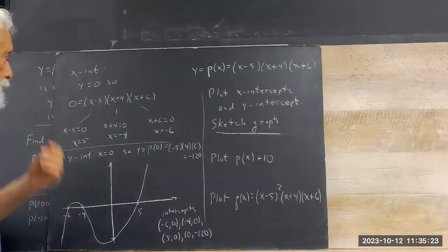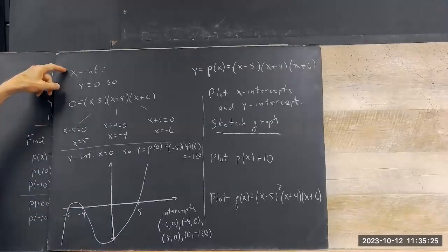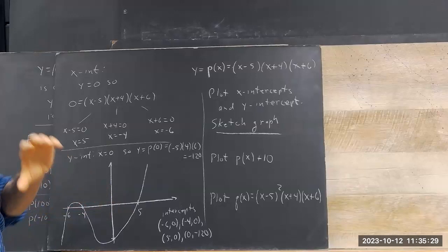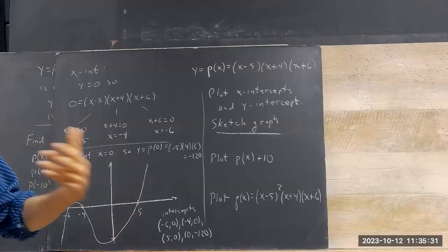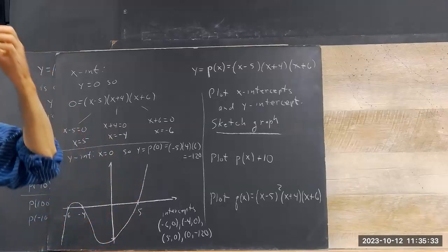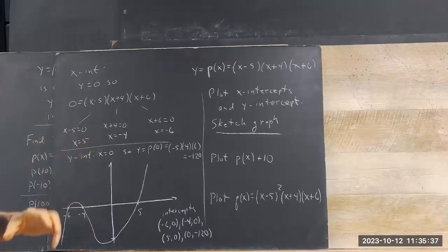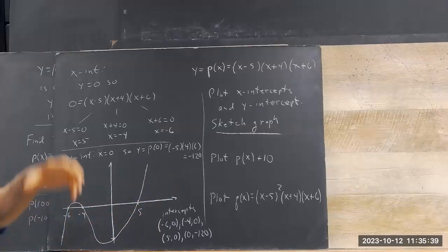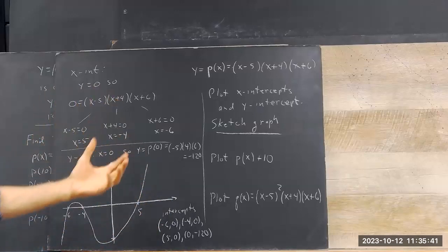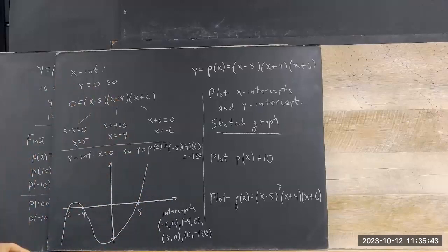I emphasize you really ought to write all this out for several of these before you start just jumping in and doing it, because if you write it out, you reinforce it and you're more likely to remember it 3 weeks later when you have a test over it, or later on when you need it in another course. It's kind of important to write things out carefully.